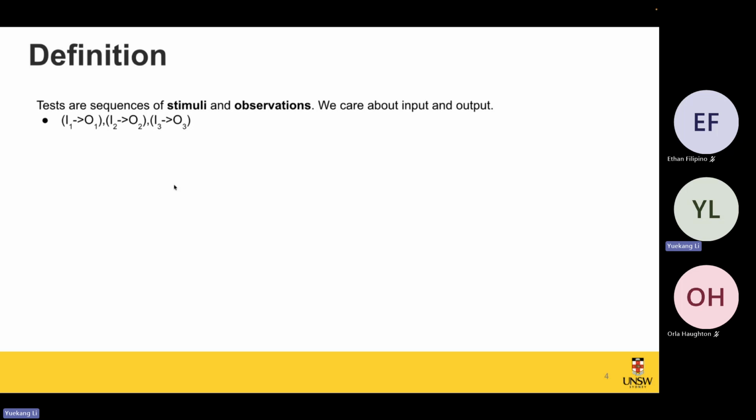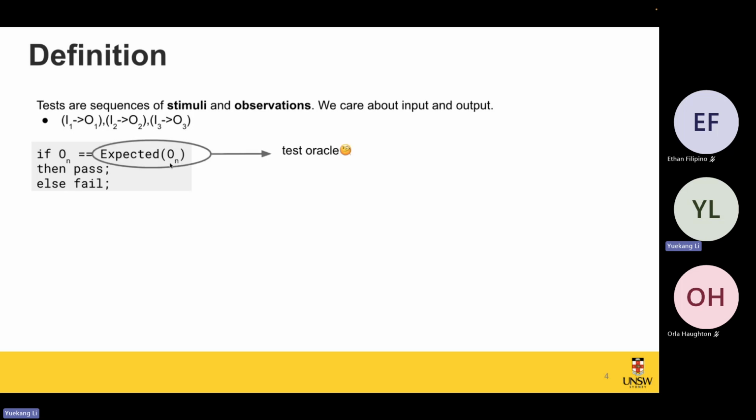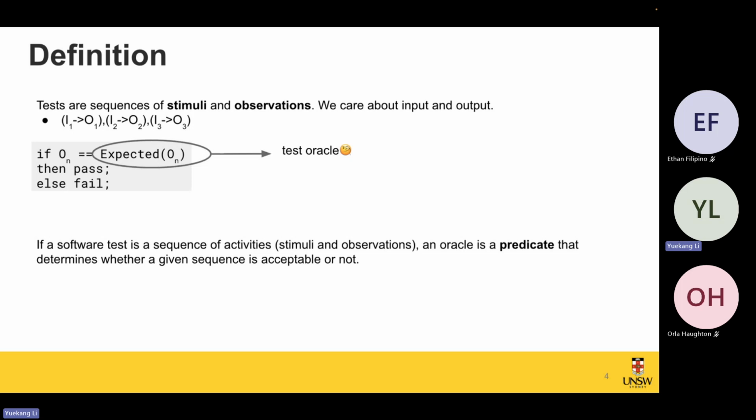We have learned how to generate these inputs using different techniques, and we have learned how to execute the program automatically to get these outputs. But what we don't know is the expected output and how we should construct it. This expected output is known as the test oracle here.